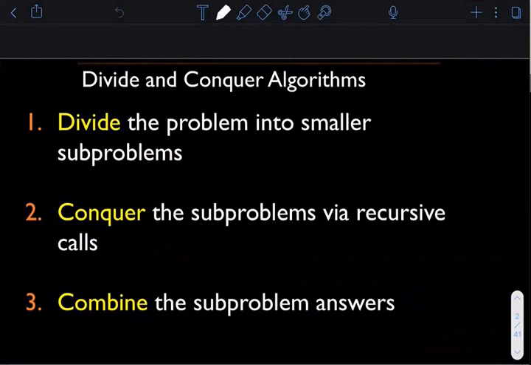We take the solutions to the smaller subproblems and combine all of them in order to get a solution to the larger problem. This is the overall paradigm. We are going to see several examples of how this paradigm is put to use, but it's good to keep this in mind.